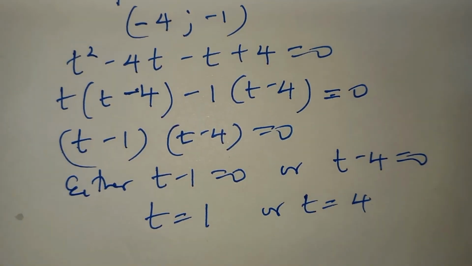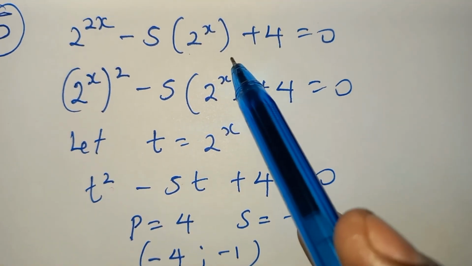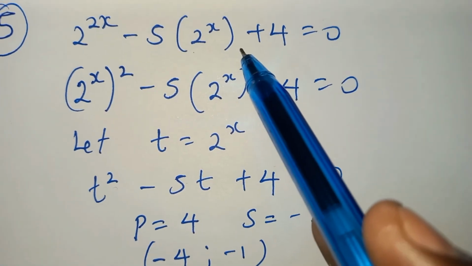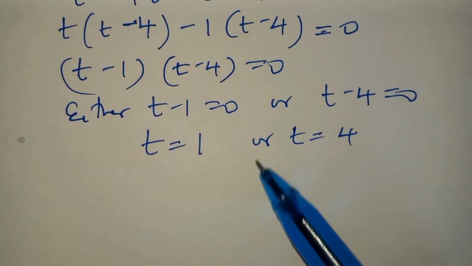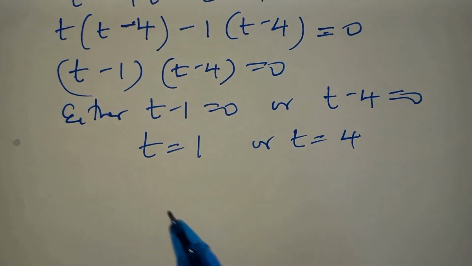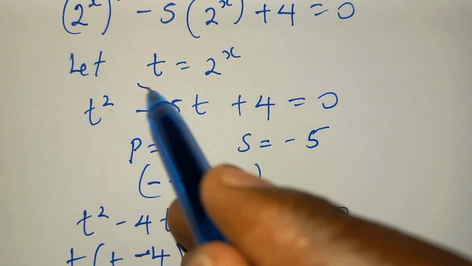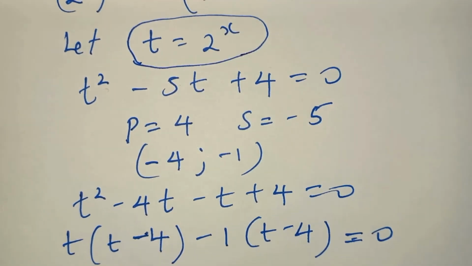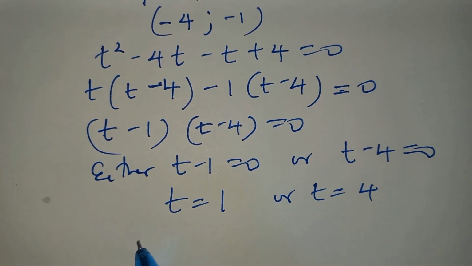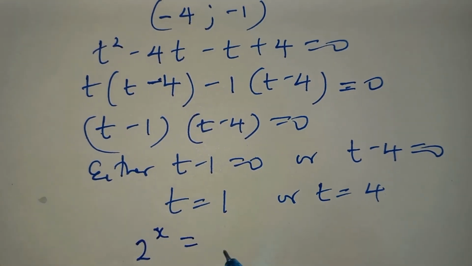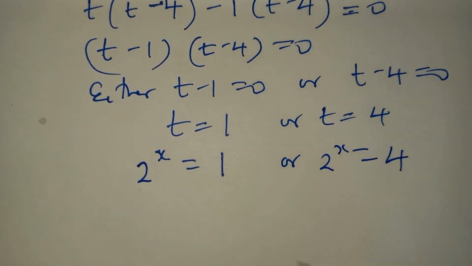Now, remember our problem was a quadratic in x, meaning that we have to look for a way of reverting the solutions so that they are in terms of x. Remember we made an assumption that t is equal to 2 raised to the power x, meaning that 2 power x is 1, or 2 power x is 4.